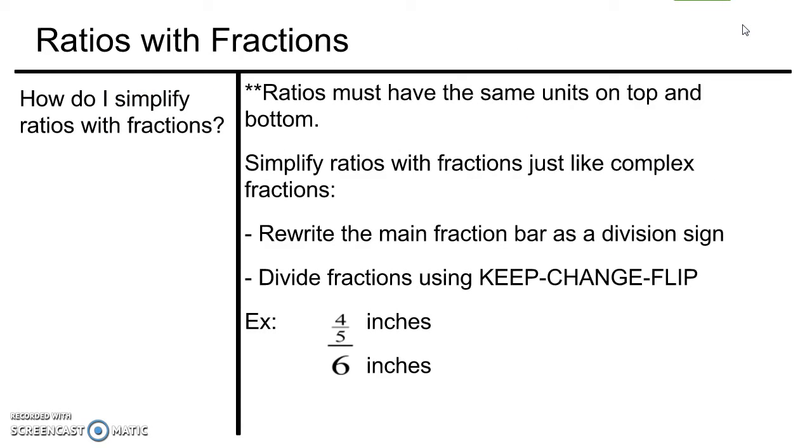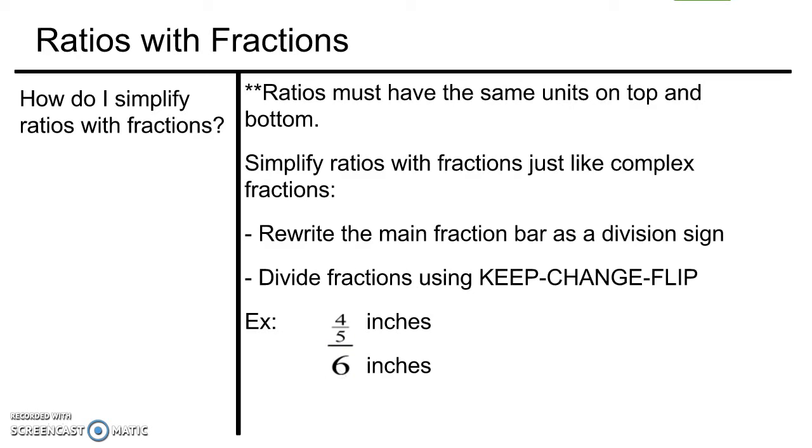Okay, last thing to talk about is ratios and rates that deal with fractions. And these work just like complex fractions. We reviewed how to do complex fractions. So we're going to have either a ratio or maybe a rate that compares one fraction to another fraction. We find that main fraction bar, that ratio bar that compares the two numbers, and we write it like a dividing fractions problem.